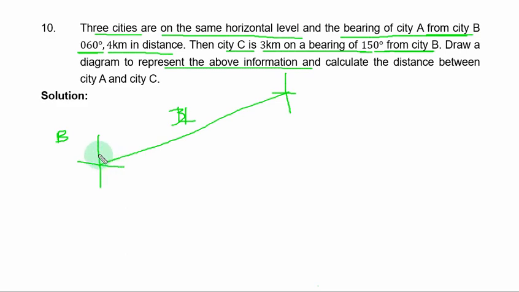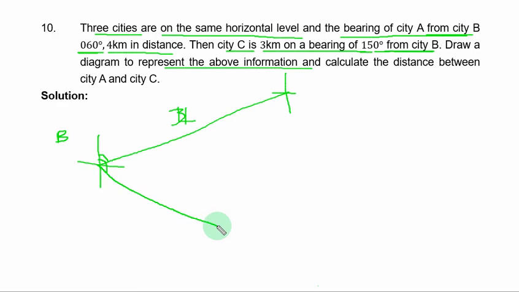From the same city B to C is 150. This is the first one. Now this is the second one. Here is 150. So let's draw it somewhere here. Remember that the distance is 3 kilometers.